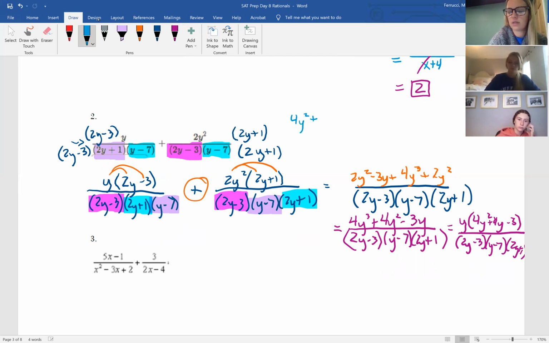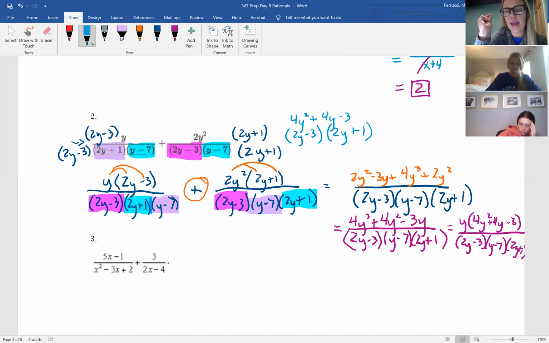So looking at these, what I would try to do in order to factor the 4y squared plus 4y minus 3 is try it with 2y minus 3. So 2y times 2y gives you 4y squared. A negative 3 would have to be times a positive 1 to give you that negative 3.